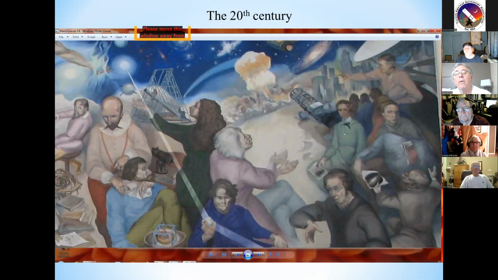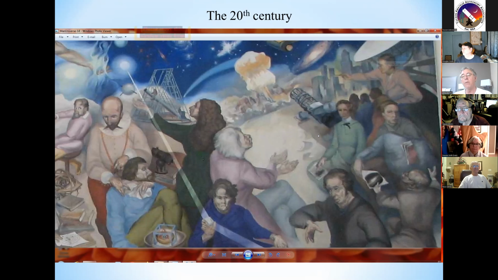And here, the only woman in the whole mural, we should all know who she is. I've given a couple of talks on this woman. This is Henrietta Leavitt, who discovered the relationship between Cepheid variables' period and their absolute magnitude, their luminosity, what they call the period-luminosity relationship, which is key.